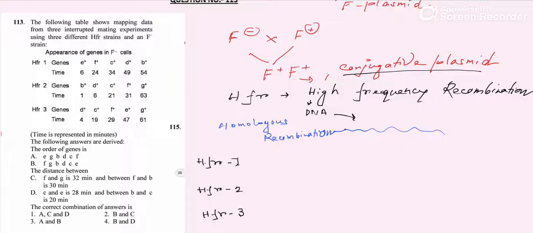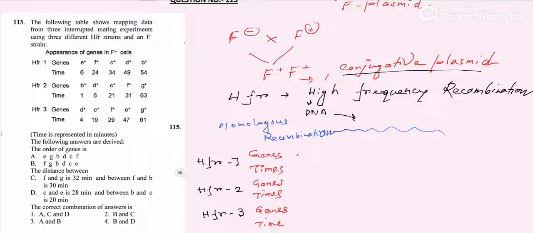They have shown genes and times in each case. During recombination, the transfer of genes from one part of the chromosome, carried by the plasmid, to another chromosome, the time shows how much distance they are carrying.